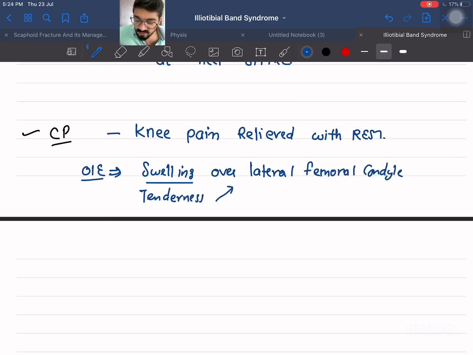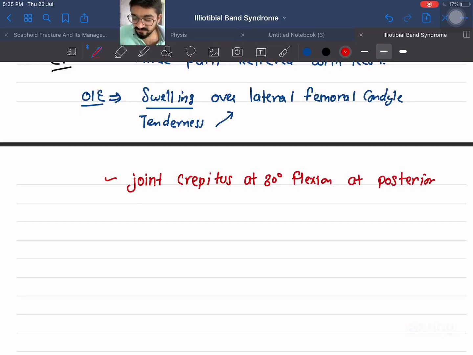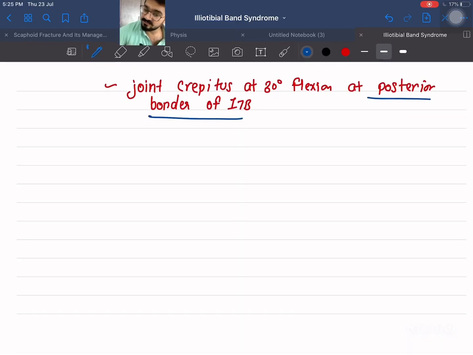The joint crepitus is actually at 30-degree flexion, over the posterior border of the iliotibial band. There is also reduction in hip or knee flexion, and the hip abduction movement also becomes weak.